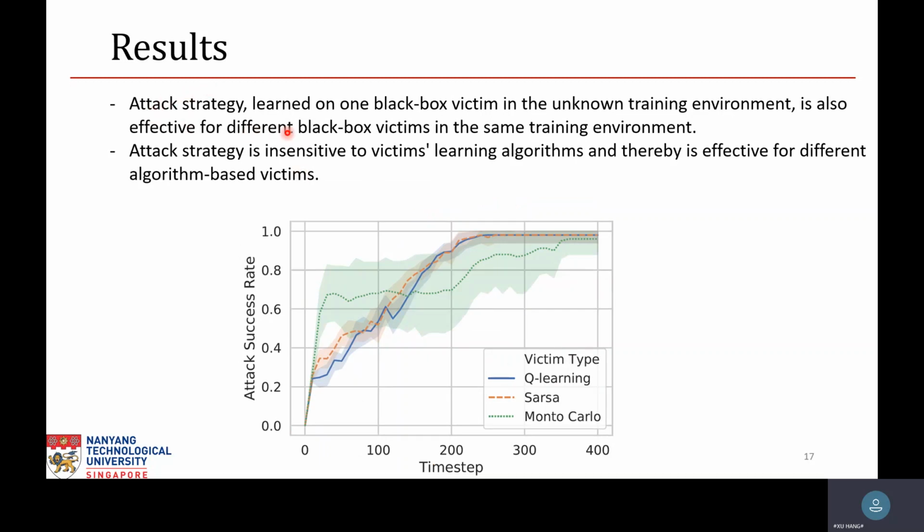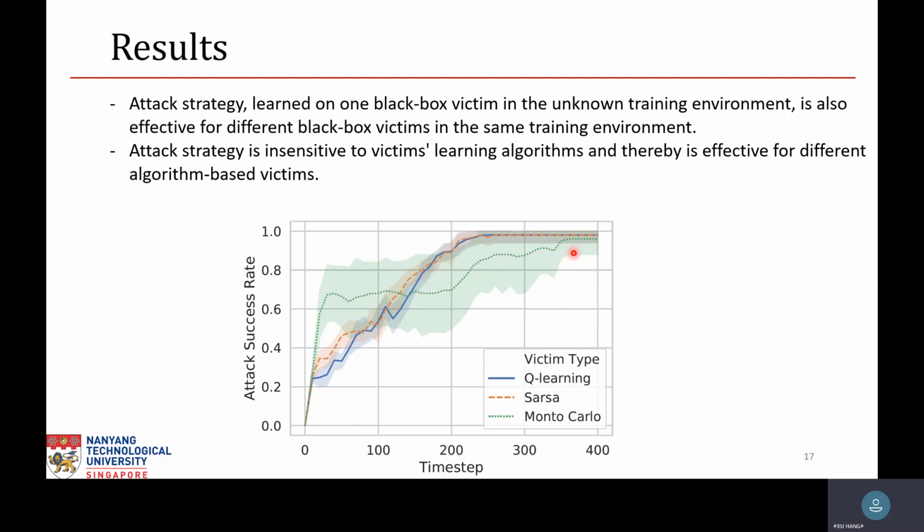Second, we learn an attack strategy on a black box victim in an unknown training environment. Here the black box victim is actually trained using the Q-learning algorithm. And then we use this attack strategy to attack other black box victims in the same training environment.